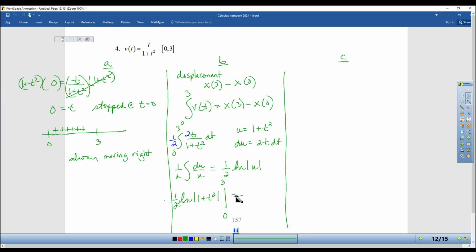It would not be wrong to eliminate it, and not even bad since there's a lot of lines going on here. But this is going to give me 1/2 the natural log. If I plug in a 3, I get 10 minus, I'm going to erase this line, minus 1/2 the natural log of the absolute value of 1, which is just 1.